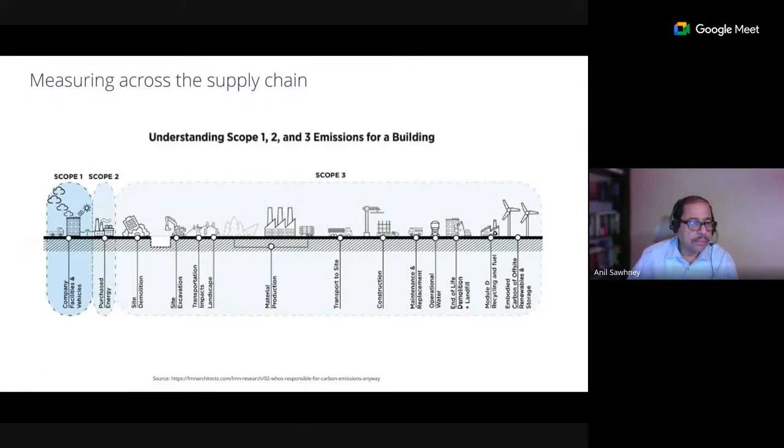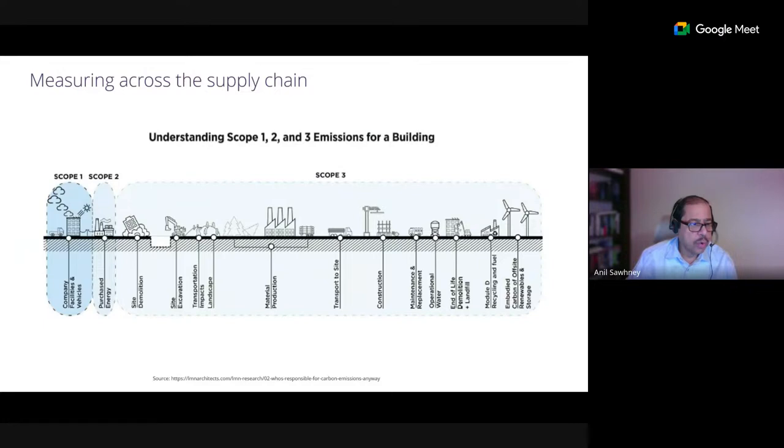Okay, so there are various dimensions to our measurement now. Today, we are only going to touch upon this, but then we will go into much more detail. When we measure emissions across the supply chain, we call them Scope 1, Scope 2, and Scope 3 emissions.